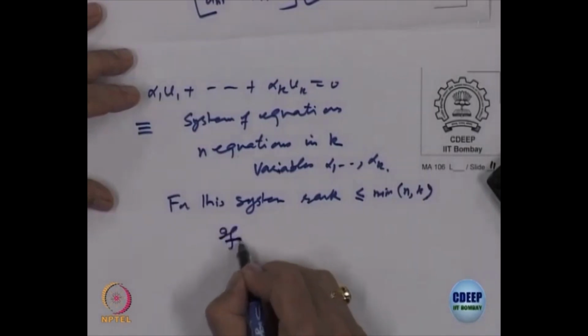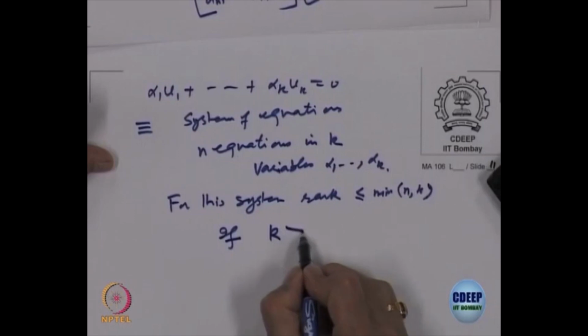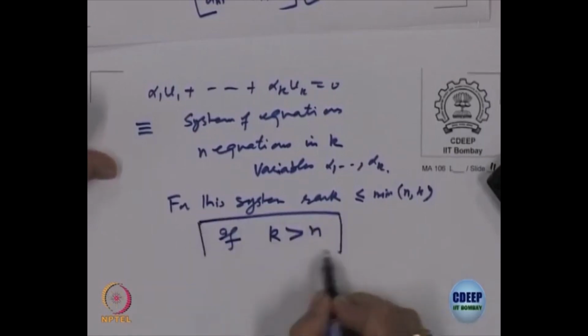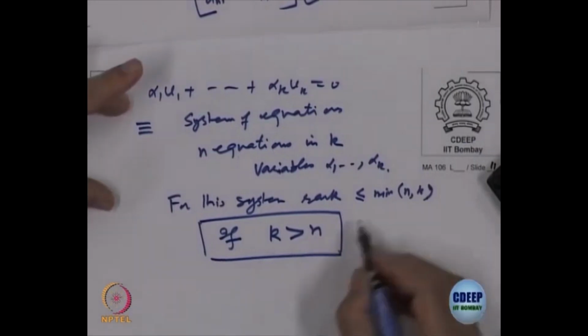So if k is strictly bigger than n, which is the assumption we are making, so the number of variables k is more than n, then what will happen?